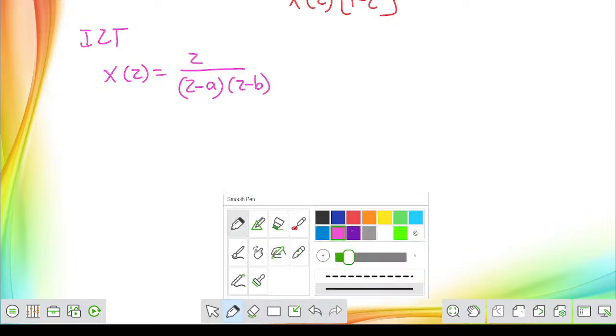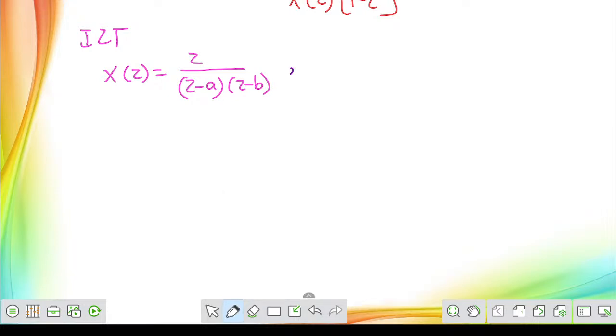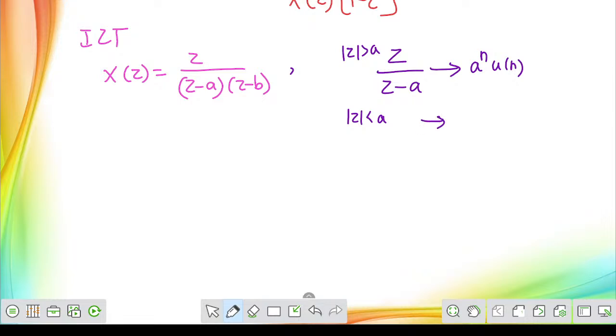Sir, before applying partial fraction directly, one thing you must observe is, suppose I have a function z by z minus a, then what will be the inverse Z transform for this? We can directly write this as a power n into u of n, assuming it is a right-sided signal, mod of z greater than a. Suppose mod of z is less than a, then for a left-sided sequence this can be written as minus a power n into u of minus n minus 1.